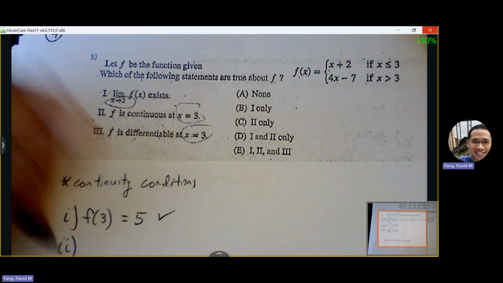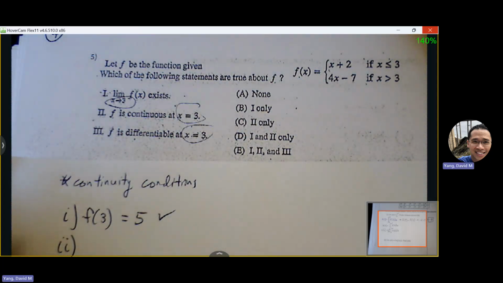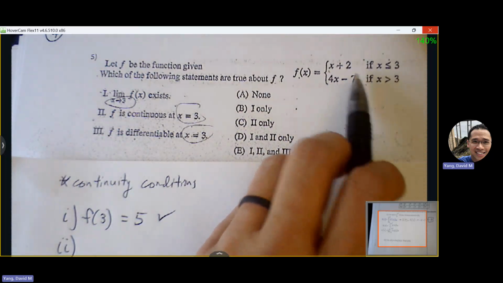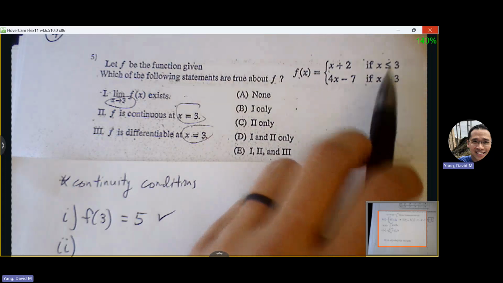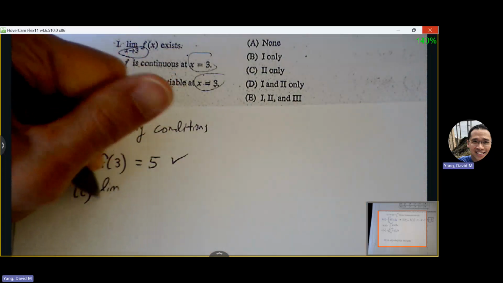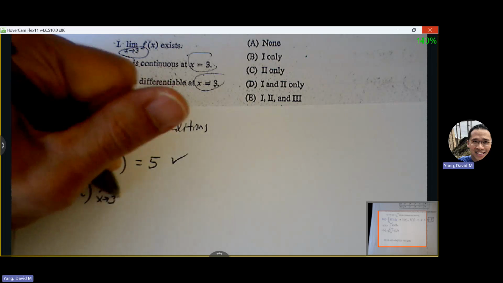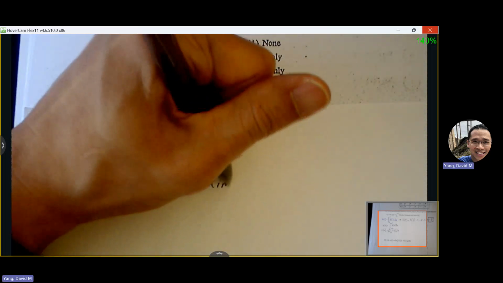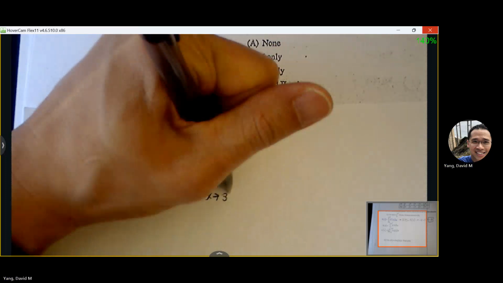Second, limits. I want to find the limit as x approaches 3, but you see that this piecewise function has two functions split on either side of 3, so I need to do one-sided limits. I need to do approaching 3 from the left and also approaching 3 from the right.